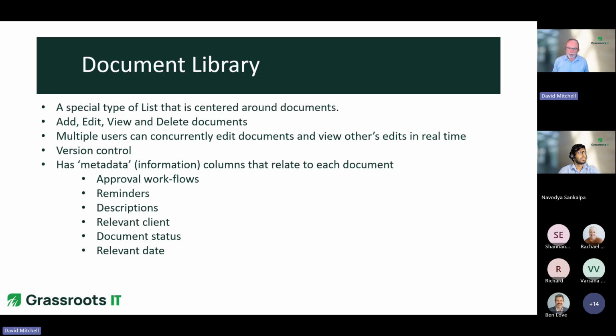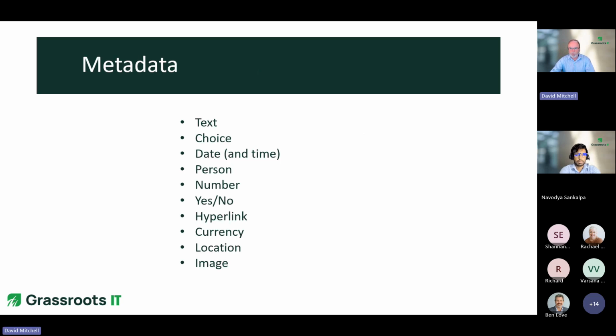You can have reminders, which are just dates with actions. You can have descriptions, which is a multi-line text. Relevant client could be text, could be from a selection, different status, and relevant dates. So as I said, this is metadata, and it's really the same sort of columns that we have in lists.